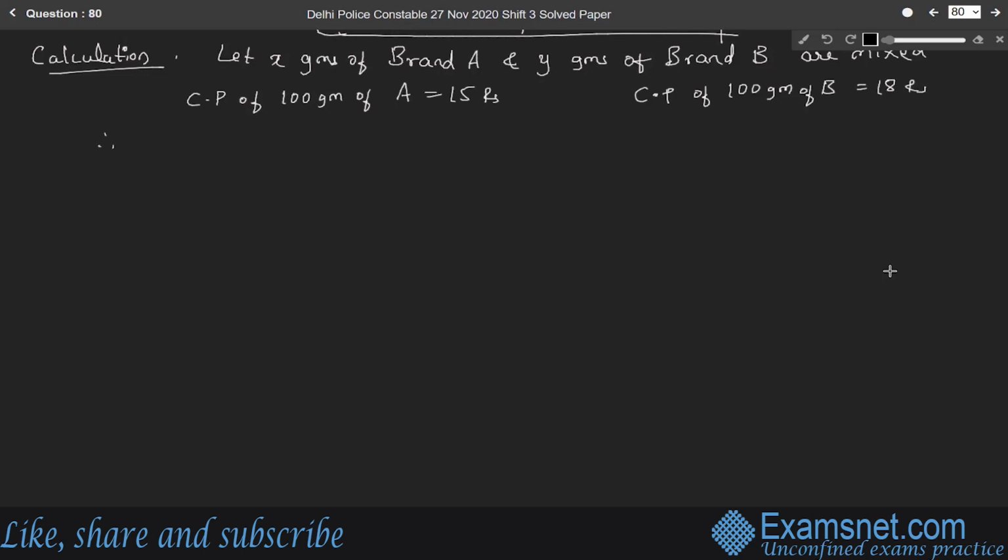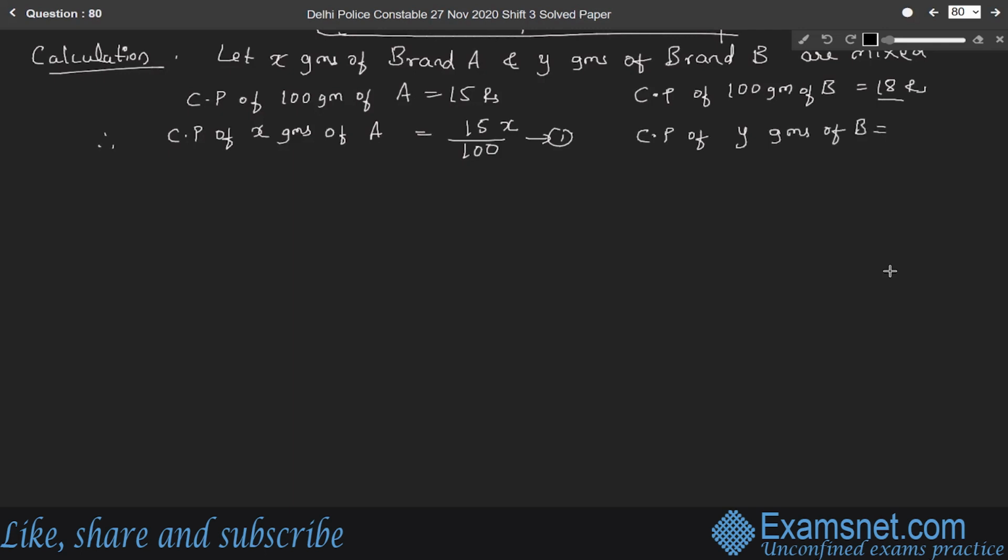In the mixture, there are X grams of brand A. Therefore, the cost price of X grams of brand A: for 100 grams, the amount is 15 rupees, so for X grams it becomes 15X by 100. Right?